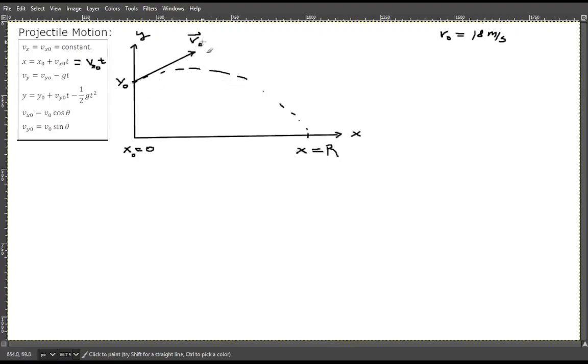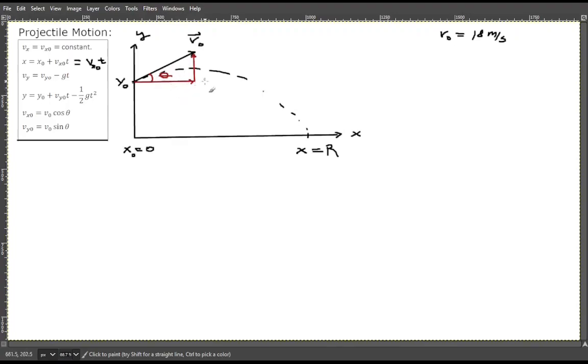So now we're going to resolve this velocity vector into its x and y components. We're going to shoot it like that, and like any vector, we can resolve this velocity vector into components along the x direction and components along the y direction. So we fire our projectile at this angle theta above the horizontal.